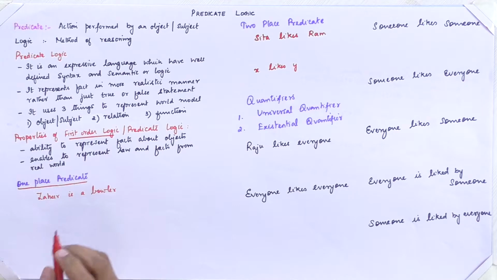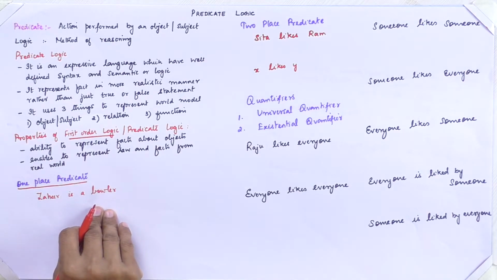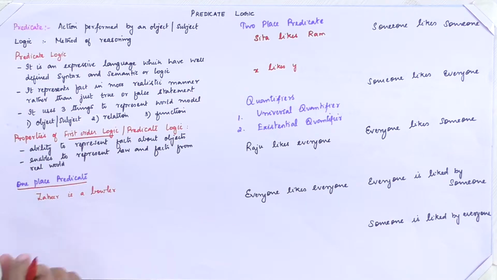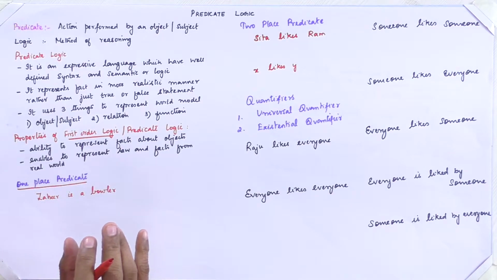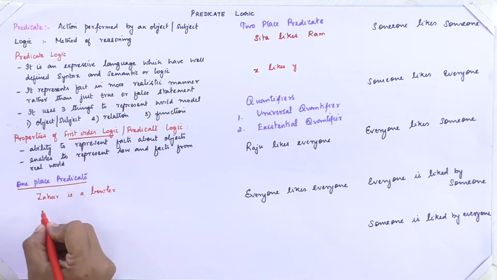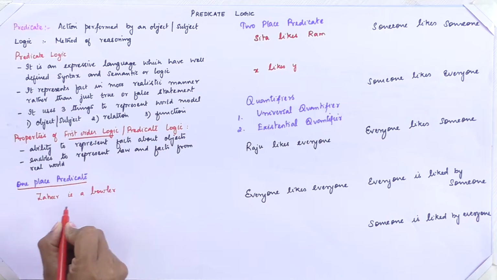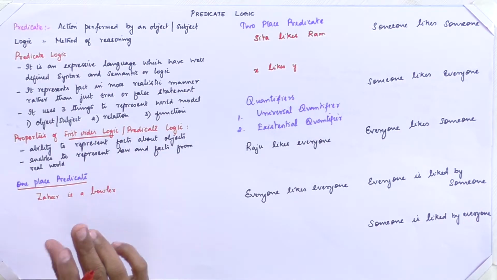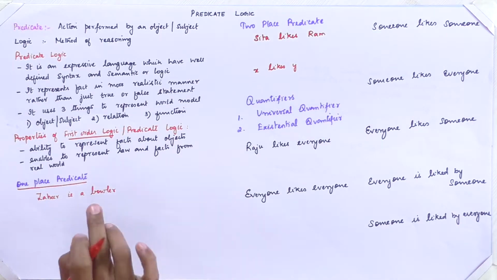Now first thing, if a statement is given this way, one has to find out what the subject is here and what the predicate is, and how we express this given statement in symbolic form, right? In this statement, Zahir is a bowler, you will have to identify the subject as well as the predicate term.